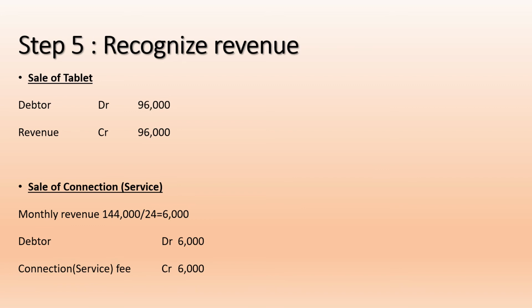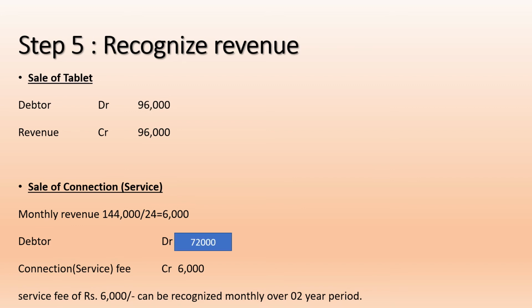But you have to remember this is what we do when we record it monthly. When we record it for the year, we are going to identify 12 months, which means 72,000. So we are going to debit the debtor by 72,000 and credit the revenue from service fee by 72,000.